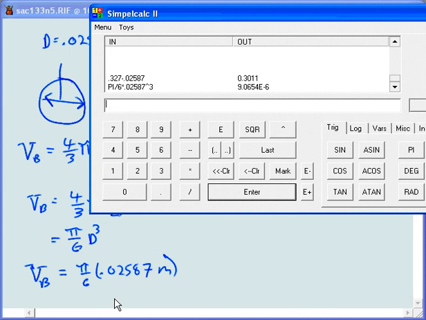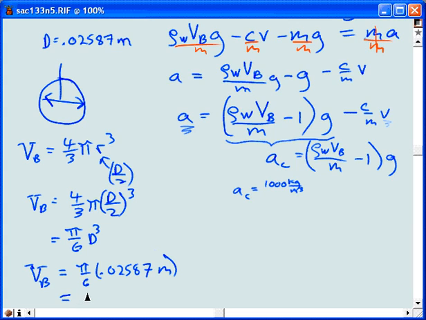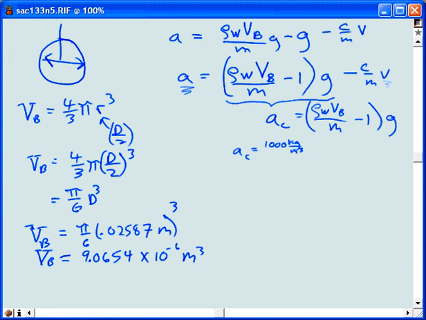Enter, and I'm getting 9.0654 times 10 to the minus 6 meters cubed for V sub B. And that's the value that I need in here, for V sub B right there.